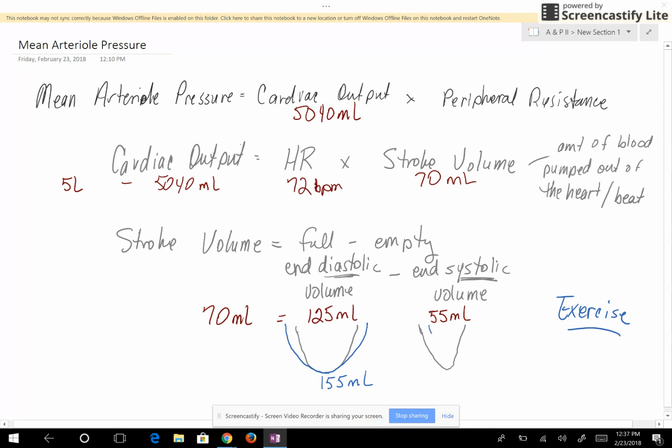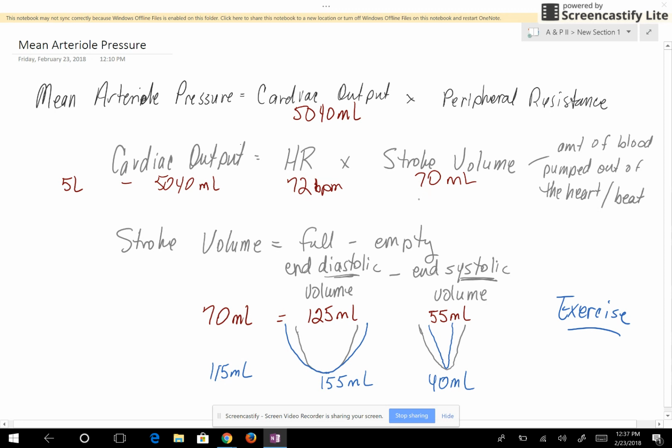Then the heart's going to contract with a greater force because it filled up with blood. It stretched and held more blood. It recoils with a greater force. That's Starling's law. So you're going to have about 40 milliliters of blood in the ventricle after contraction.